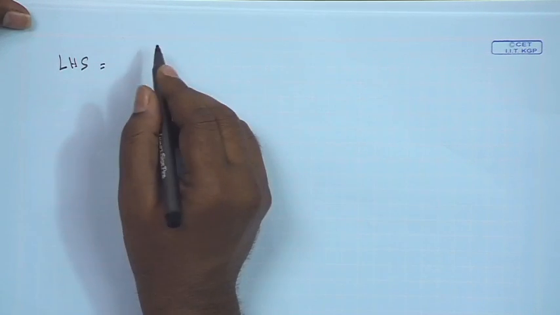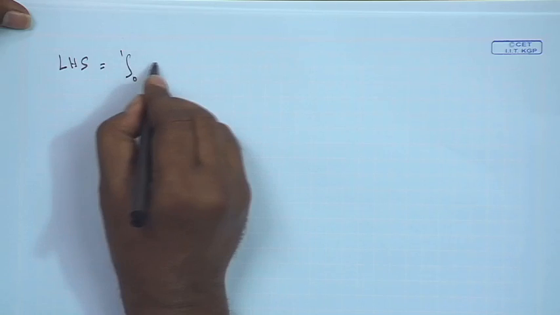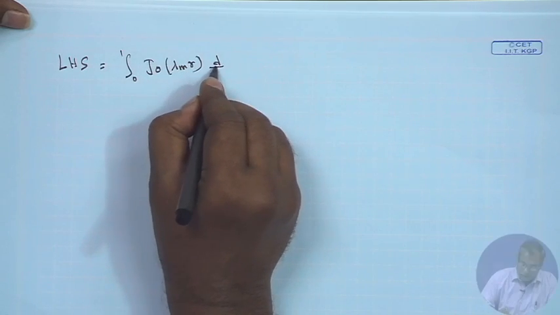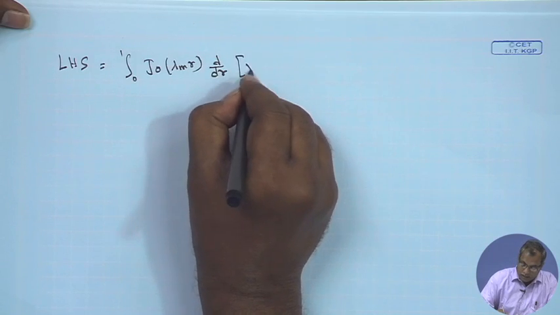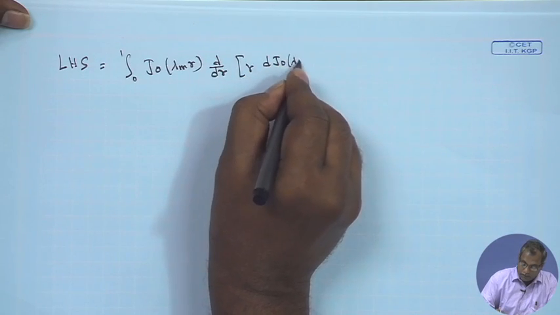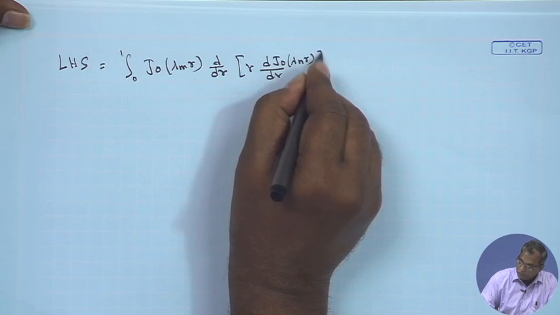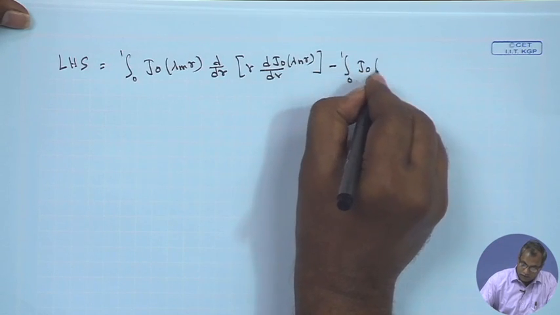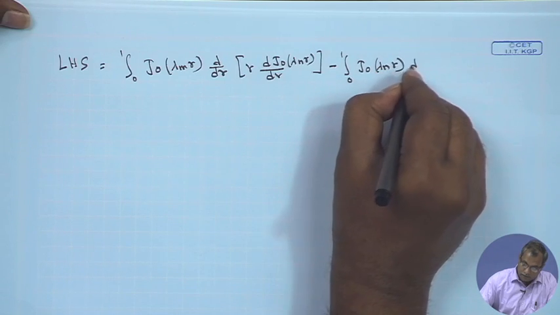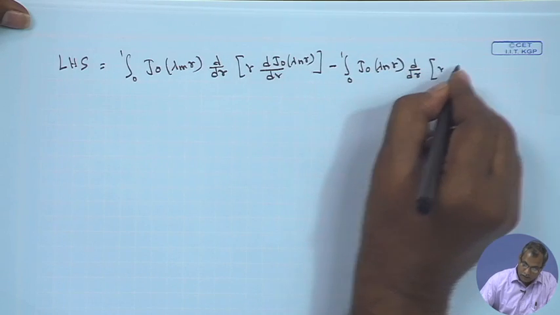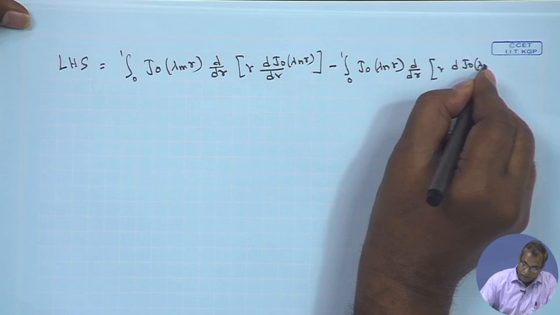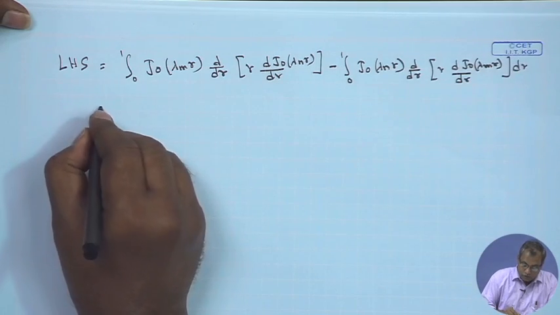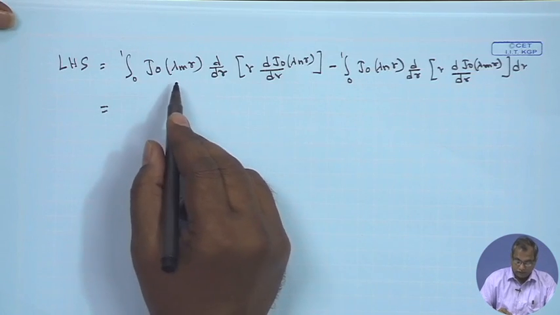So, we write down the left-hand side completely: ∫₀¹ J₀(λₘr) d/dr(r dJ₀(λₙr)/dr) dr minus ∫₀¹ J₀(λₙr) d/dr(r dJ₀(λₘr)/dr) dr. We integrate this by parts.